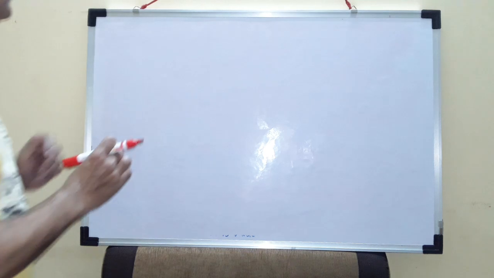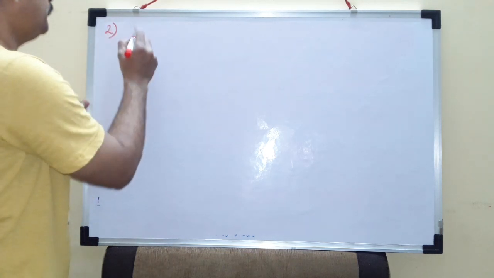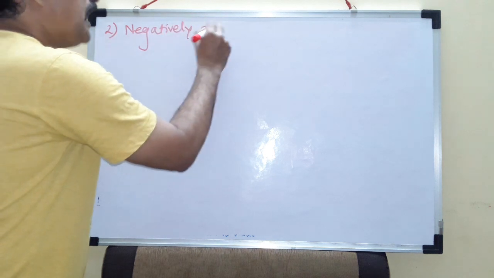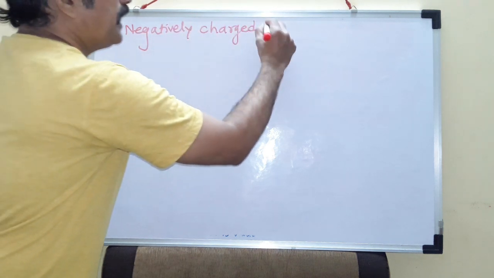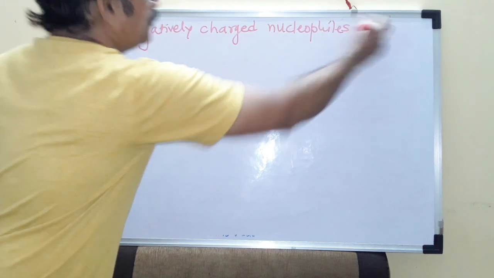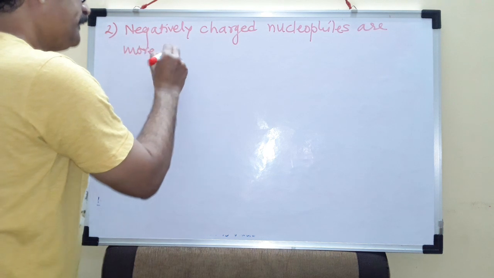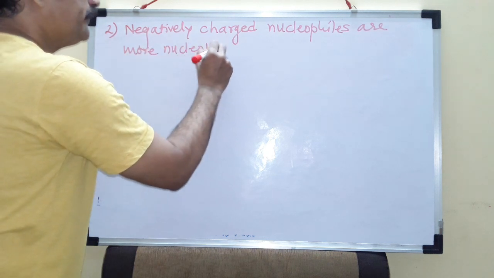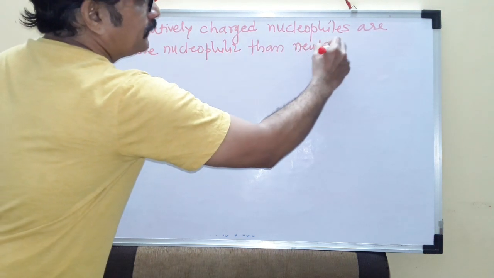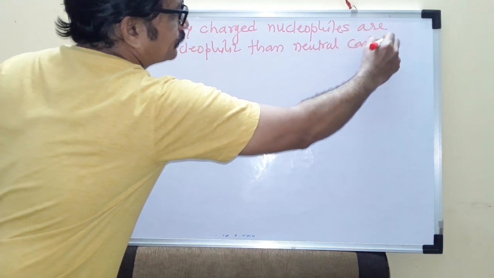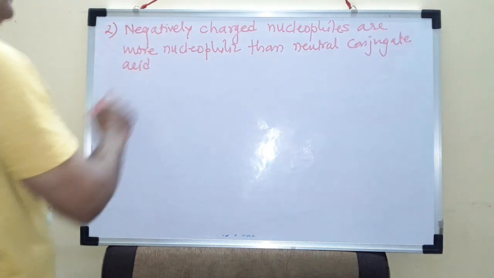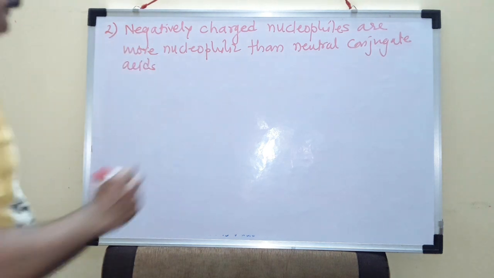The second factor is that negatively charged nucleophiles are more nucleophilic than their neutral conjugate acids. So I am writing here conjugate acid-base pairs.